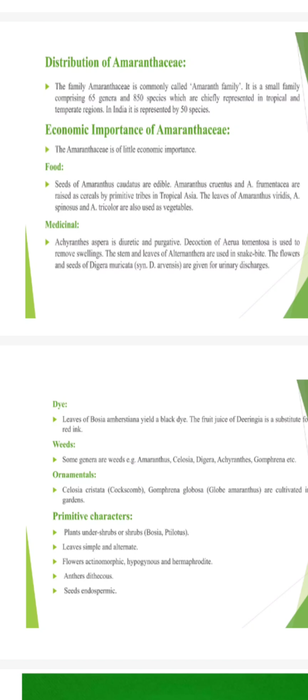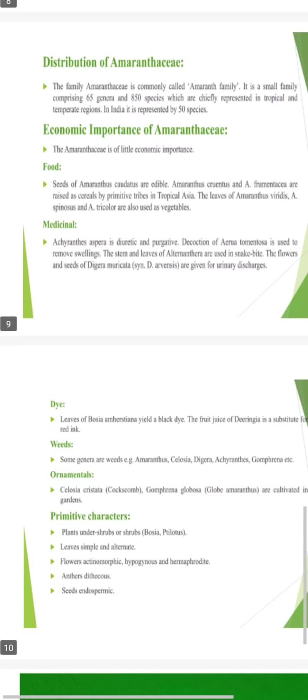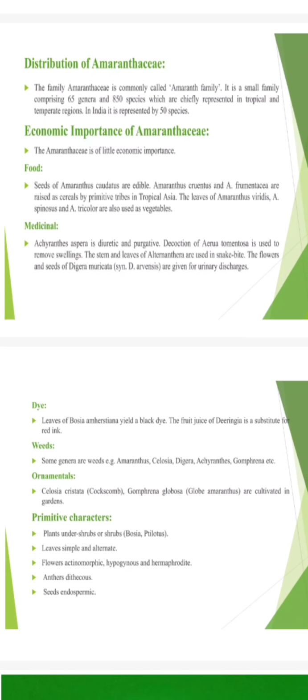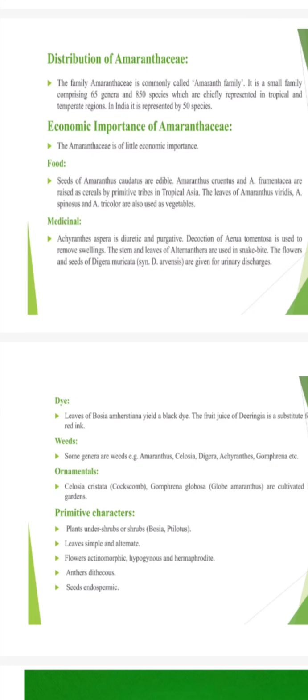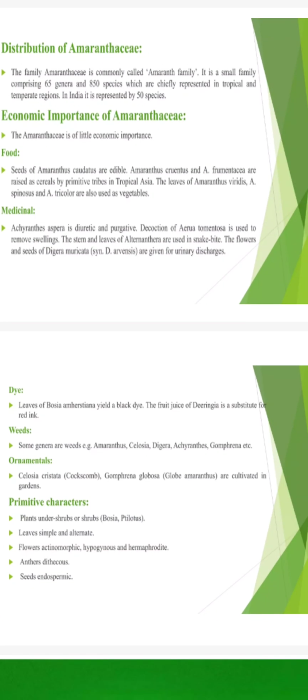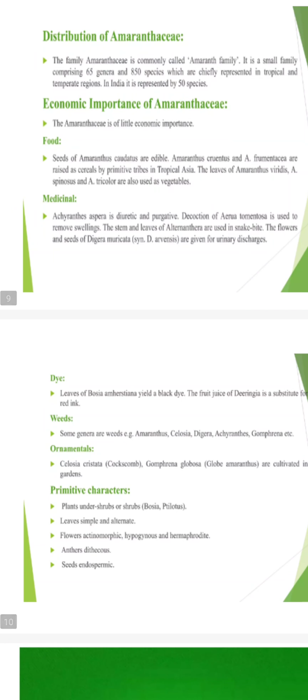Food: seeds of Amaranthus caudatus, that is Rajgira, are edible. Amaranthus cruentus and Amaranthus frumentaceus are raised as cereals by primitive tribes in tropical Asia. And the leaves of Amaranthus viridis, spinosus, and Amaranthus tricolor are also used as vegetables. They are very healthy wild vegetables.